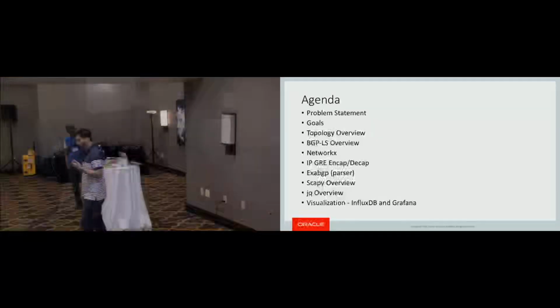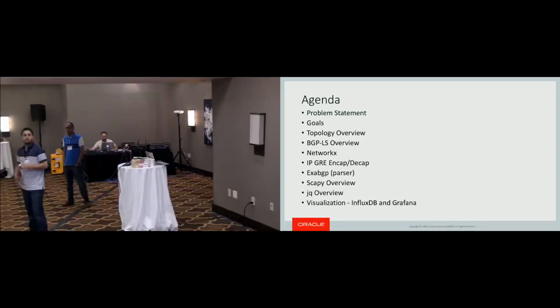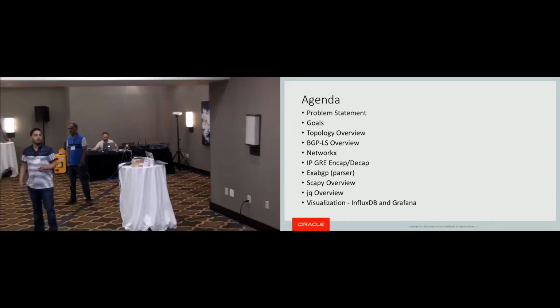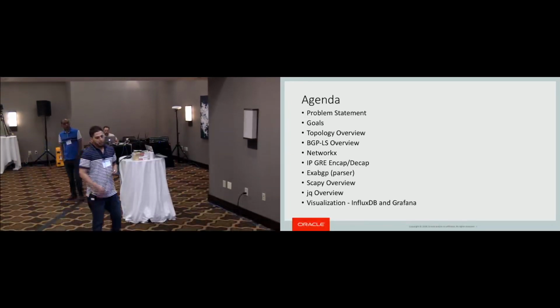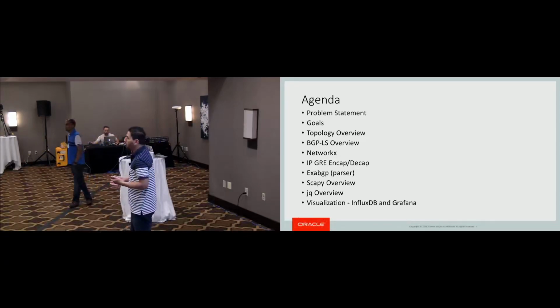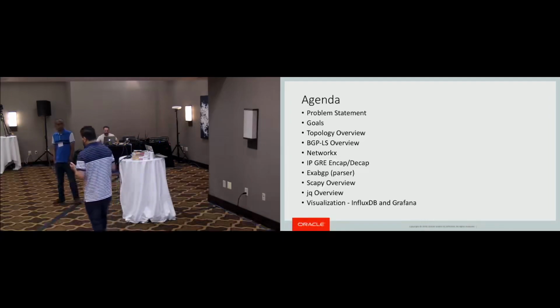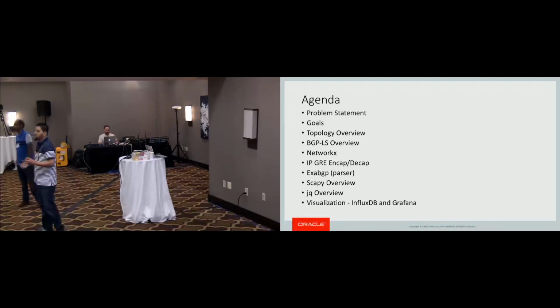Then we'll talk about the hackathon goals, the task that each team needs to complete for the hackathon. I'll give you a brief overview of the topology. And then we will talk about different tools and protocols that we think might help you solve the problem. But feel free to use any tools and protocols that you think are more reasonable to solve the problem. This is just to provide you a guideline because we have a varying set of skills in the group.